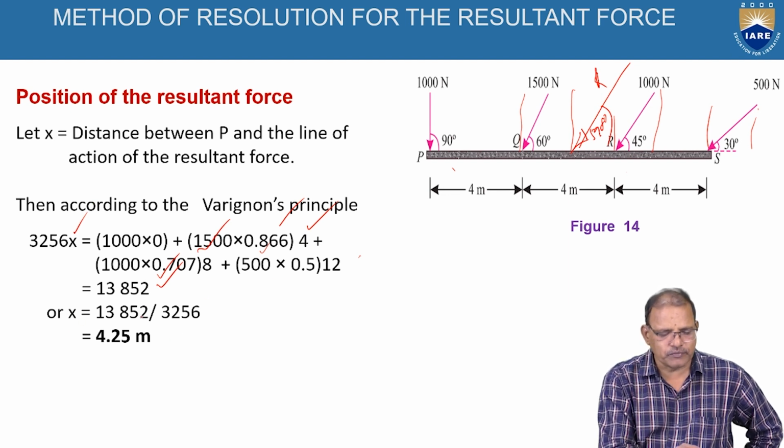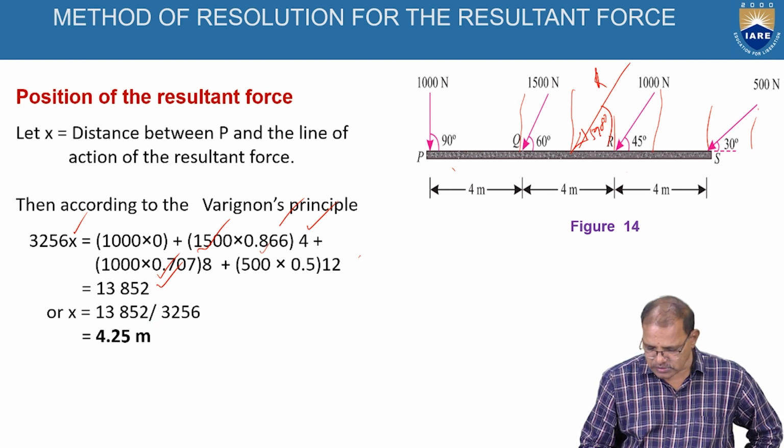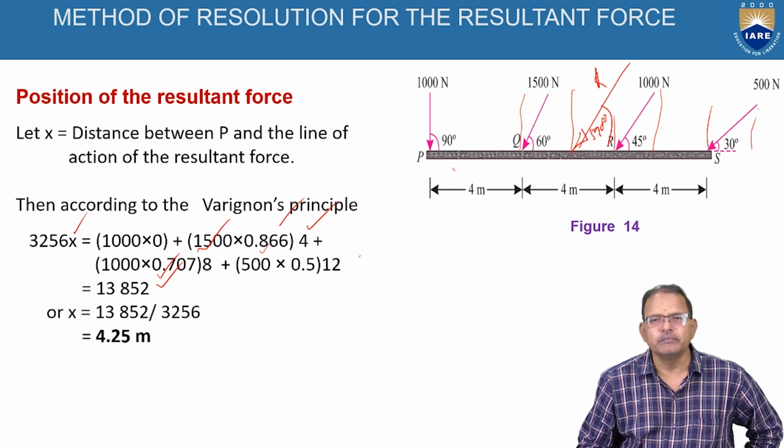So x is equal to 13,852 divided by 3,256, which is equal to 4.25 meters.